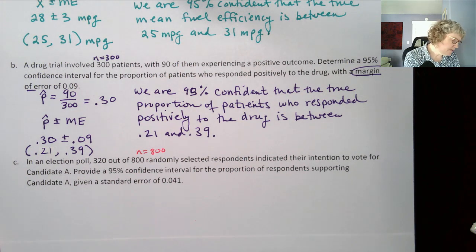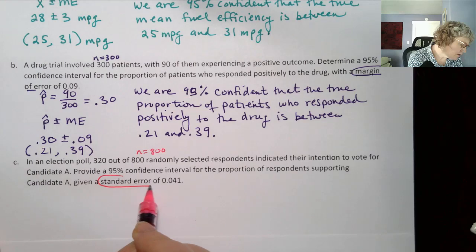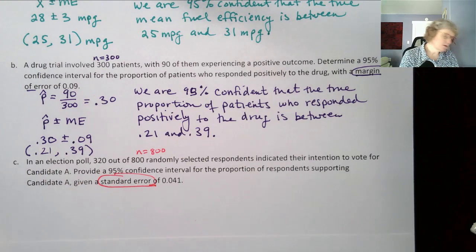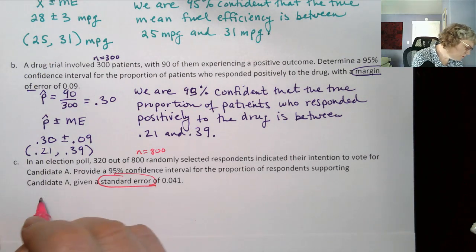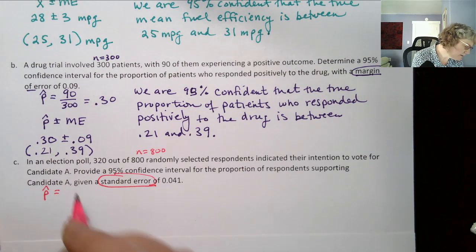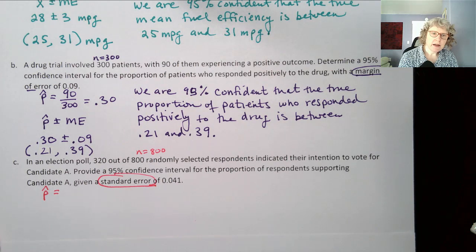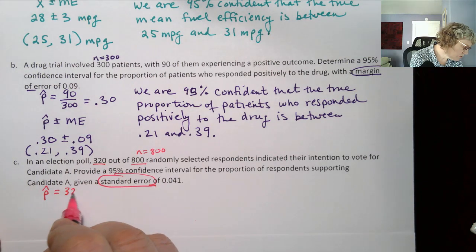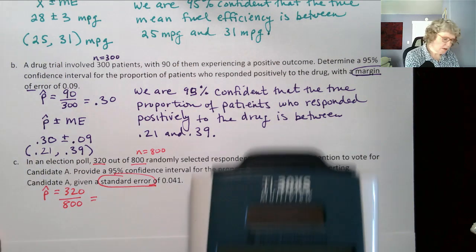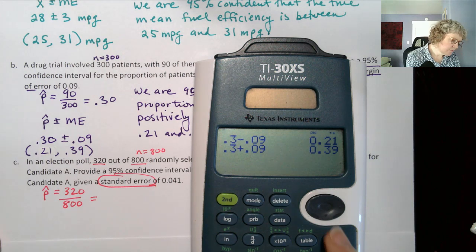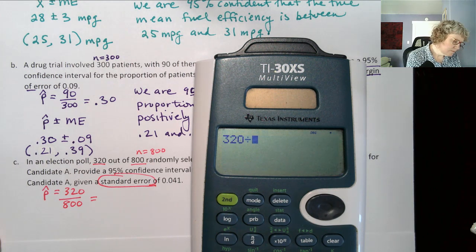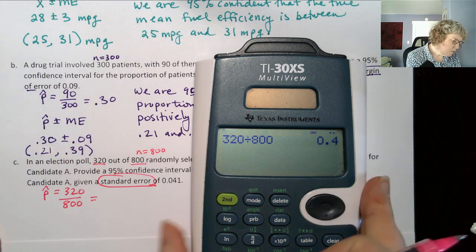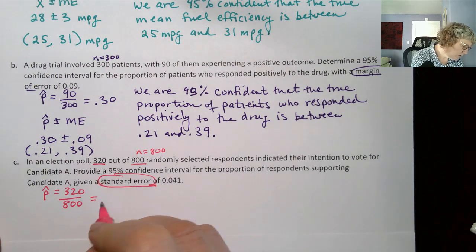Okay, now this time we're given a standard error. So we're going to use that other formula. But we are given p hat, so I'm going to write p hat like I did the last time, but this time it's 320 out of 800. And let's see what that is. 40%, so 0.4 or 0.40.